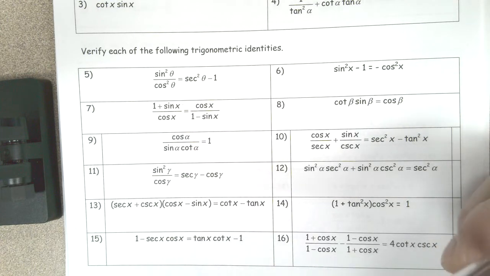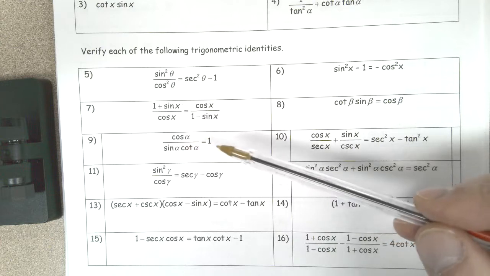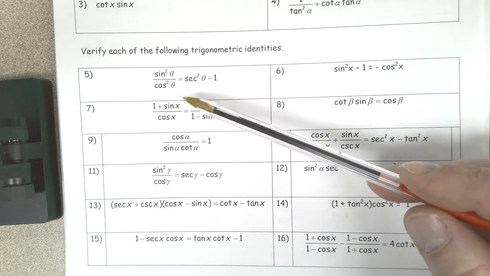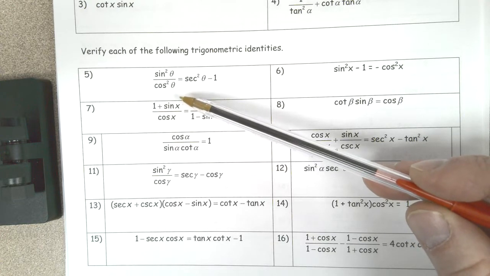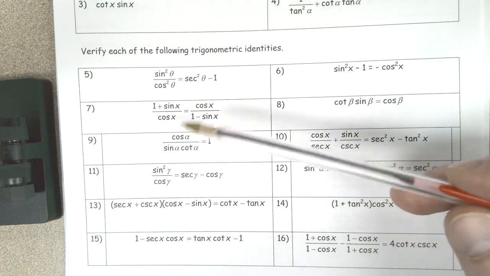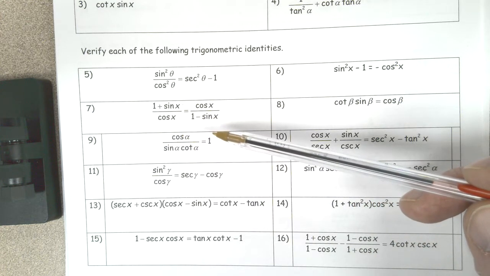As you work through these, some of you will finish at different places when you're verifying. You will know that you have it verified once the left side is the same as the right side.